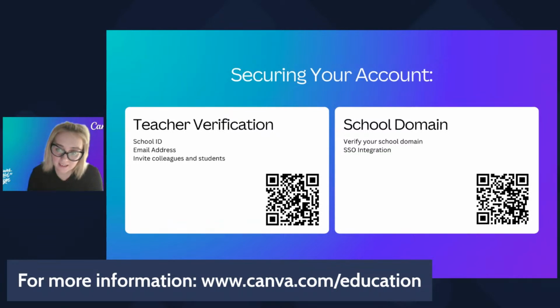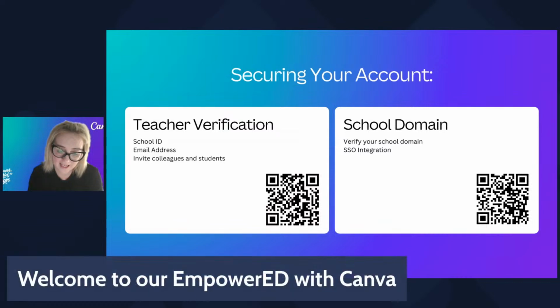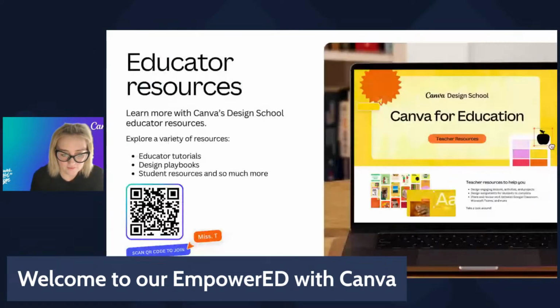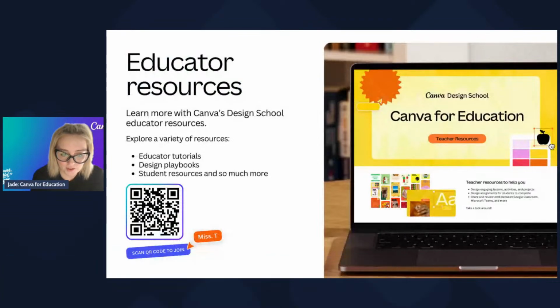It does take a little longer to activate, but once you're in there, it allows you to roll out across your school all in one hit, and it also gives you access to the brand kit demoed in today's session.